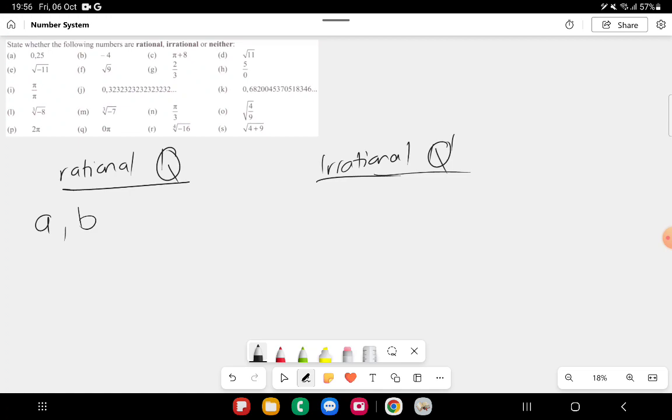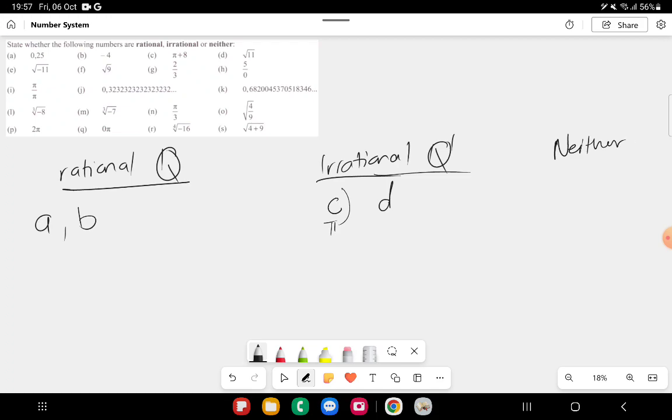Pi plus 8 is going to be irrational, C. The reason why is because of that pi being in there. The square root of 11. 11 is not a perfect square, so this is irrational. The square root of -11 is neither.